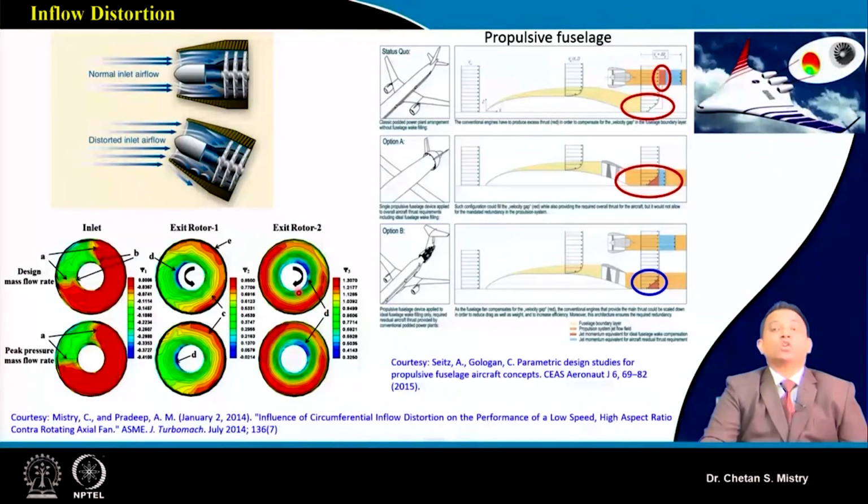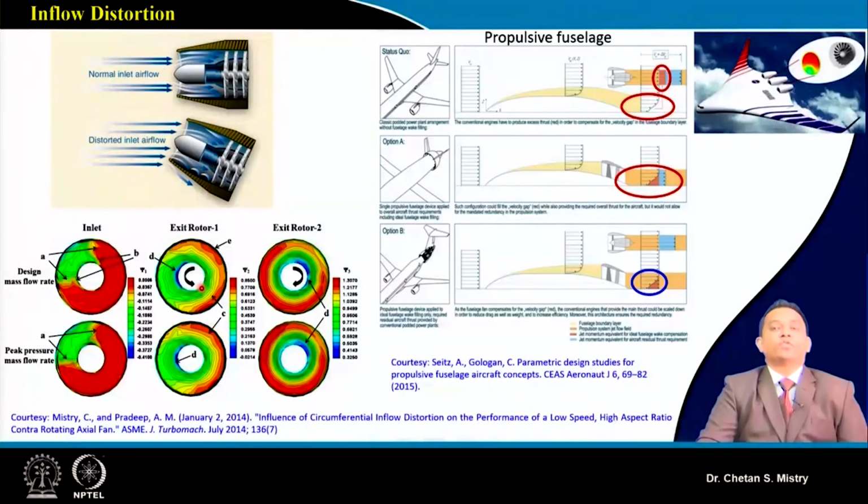At the exit of rotor 2, since it is rotating in the opposite direction, the effect of distortion is reduced, or we can say nullified. That is what we need: the effect of inflow distortion needs to be minimized, and we get that by incorporating this contra-rotating configuration. So this is also one of the benefits.